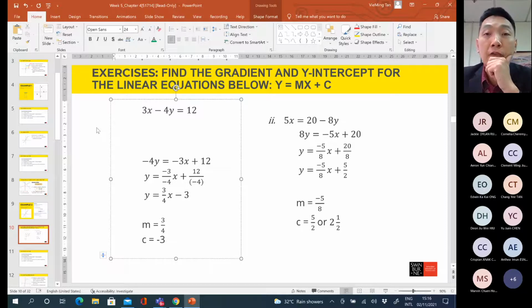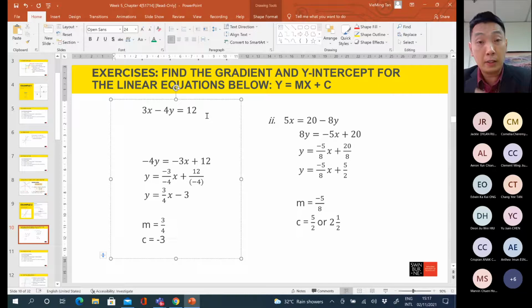For this question, you may find that the coefficient of y is -4. If that is the case, one way to make it simple is to move 12 to the left-hand side and 4y to the right, so that the 4y will become positive. I try to make the coefficient of y positive.